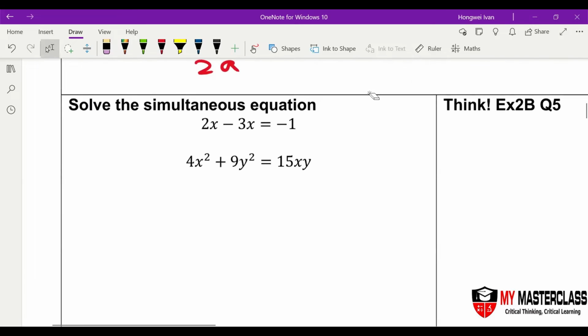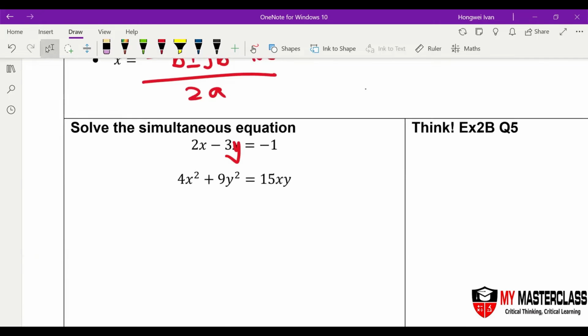Okay, so you see? 2x minus 3y. First we must make either x the subject or y the subject. 2x equals 3y minus 1, or x equals 3y minus 1 over 2.